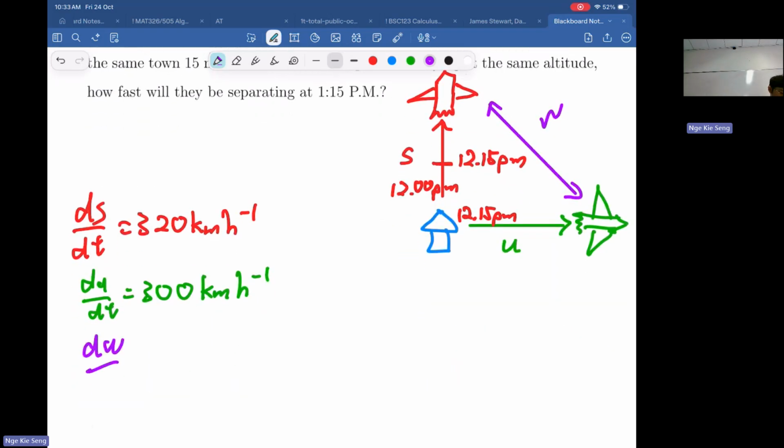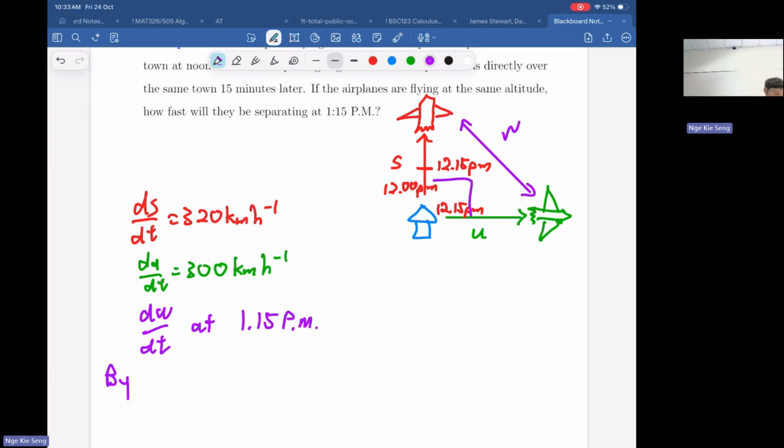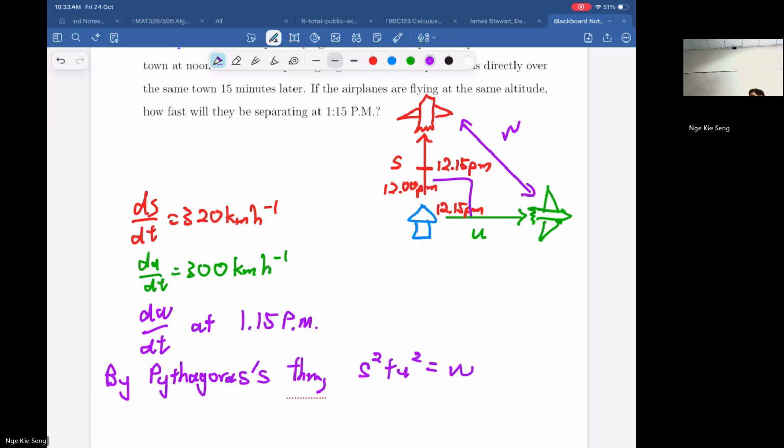You want to find dW/dt at the time 1:15 p.m. Again, Pythagoras theorem, because you can see a big right angle triangle here. You see it? So you use the Pythagoras theorem: S squared plus U squared equals W squared.